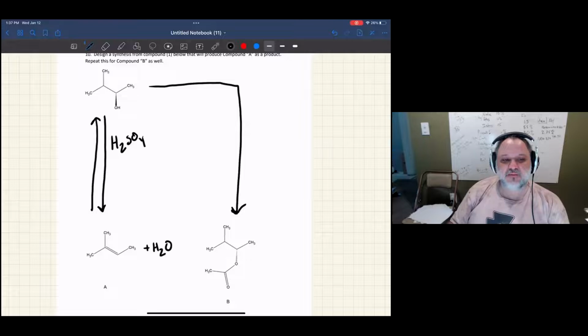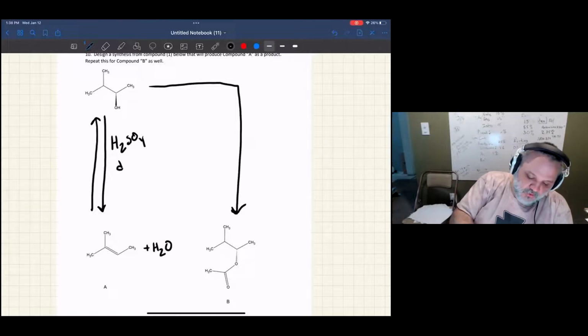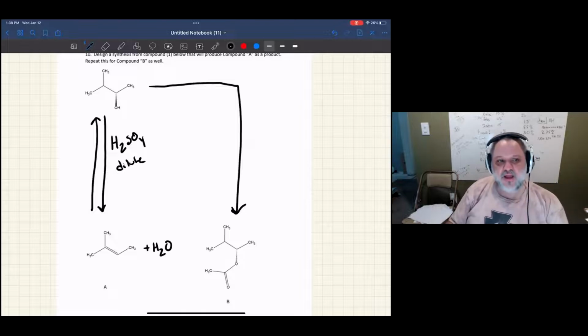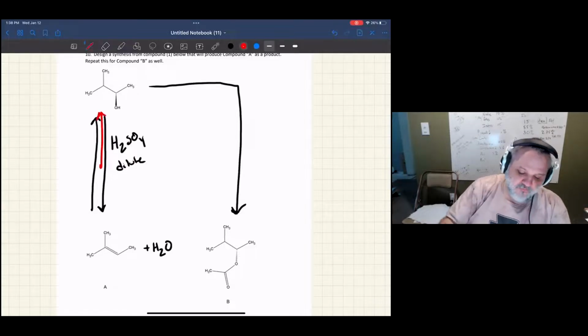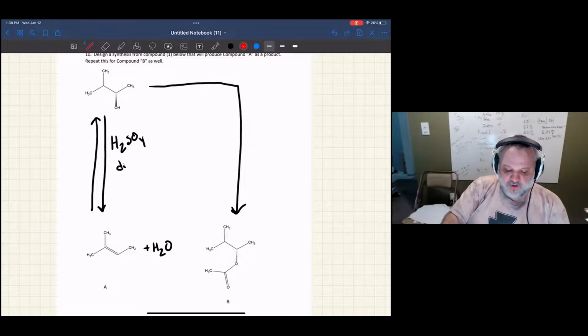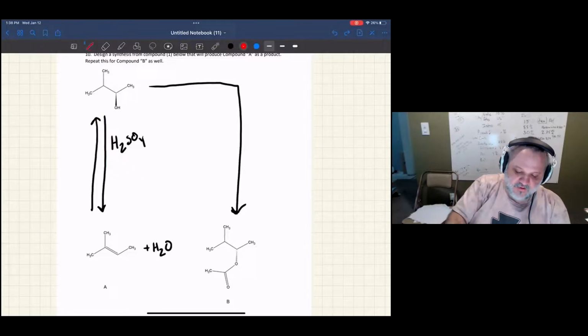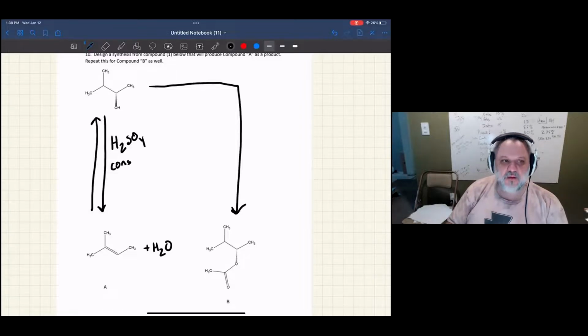We know that we have to eliminate water. If water is a product, then do I want dilute or concentrated H2SO4? In dilute H2SO4, I have a lot of water present, and if I'm adding a lot of water, then I'm shifting the reaction away from the side that has water. So I don't need dilute H2SO4. I need concentrated H2SO4.